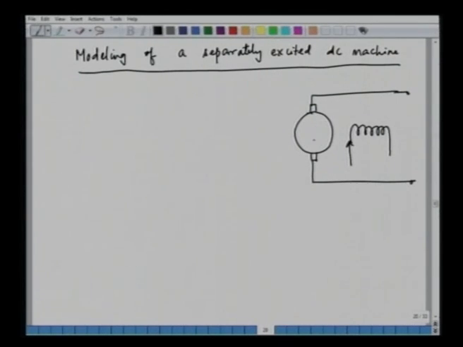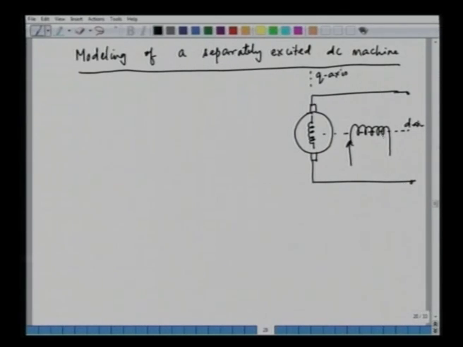This armature winding can be replaced by a pseudo stationary winding, as you have already seen, with the two brushes. So, here we have only two windings, one in the D axis, this is our D axis, and this is the Q axis.